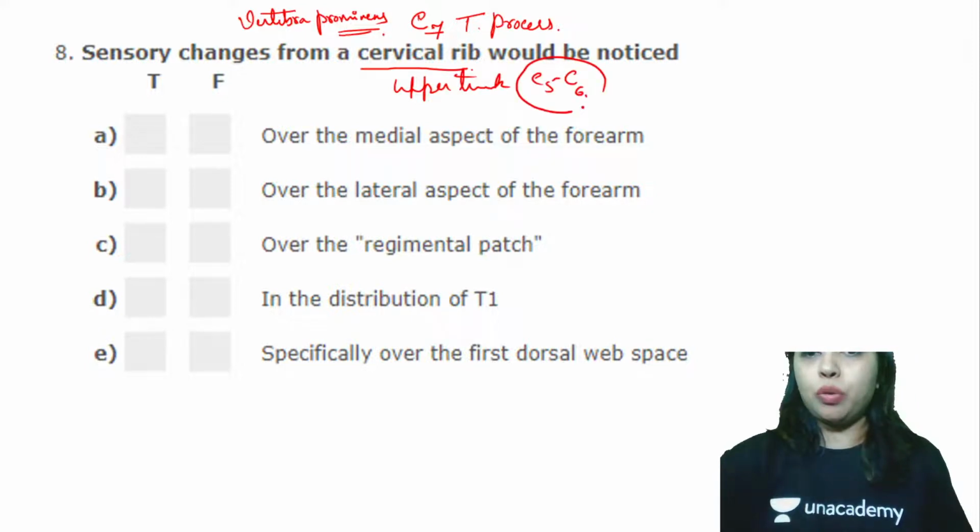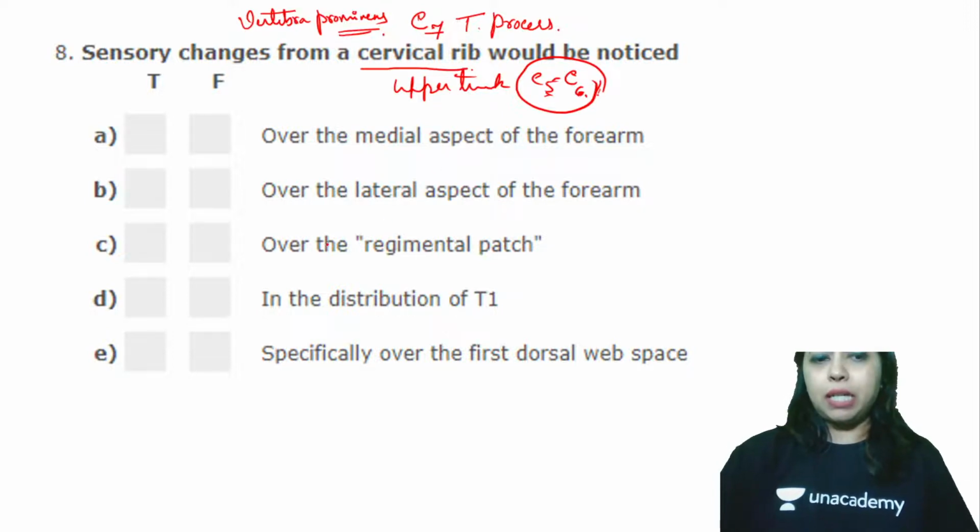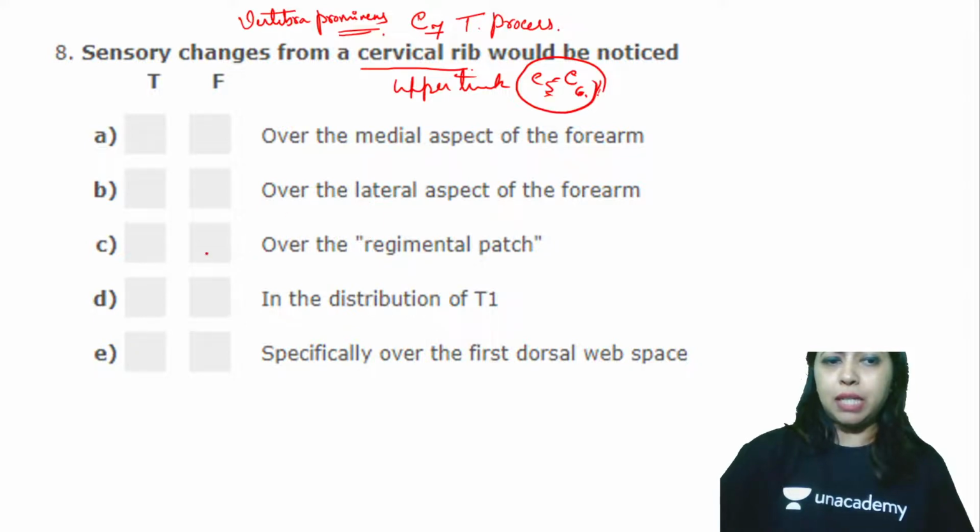So this is what is going to be compressed. Since C5, C6 is going to be compressed, you should remember that it would be the distribution of C5, C6, that is the regimental patch area, from the axillary nerve. So it is the answer C.